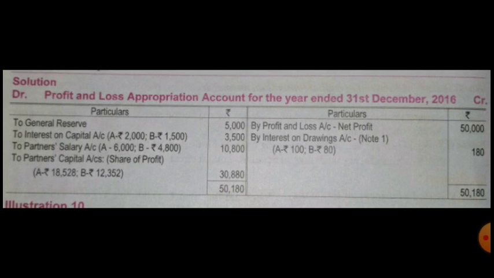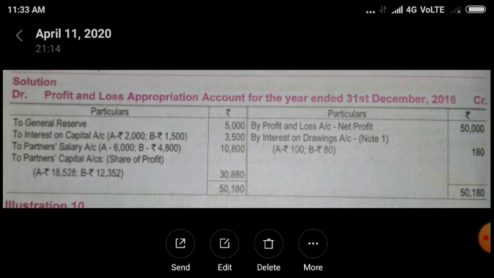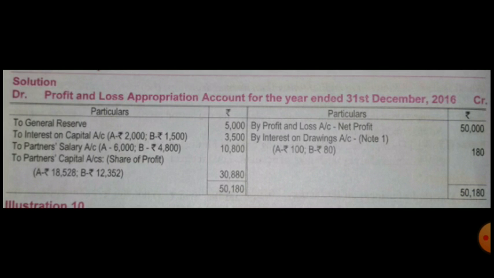So the salary is given in the problem. A will get a salary of rupees 500 per month. So multiplying it with 12, that means 1 year's salary will become rupees 6,000 in case of A, and in case of B it will be rupees 4,800. So totaling 10,800 will go to the final column.